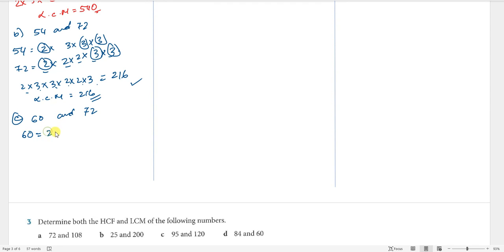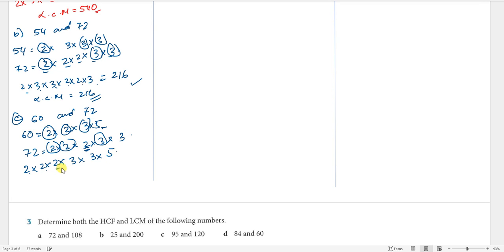60 is equals to 2 times 2 times 3 times 5, and 72 we can just copy it from here, 2 times 2 times 2 times 3 times 3. Let's find the common ones. We have 2, 2, and then we have another 2.